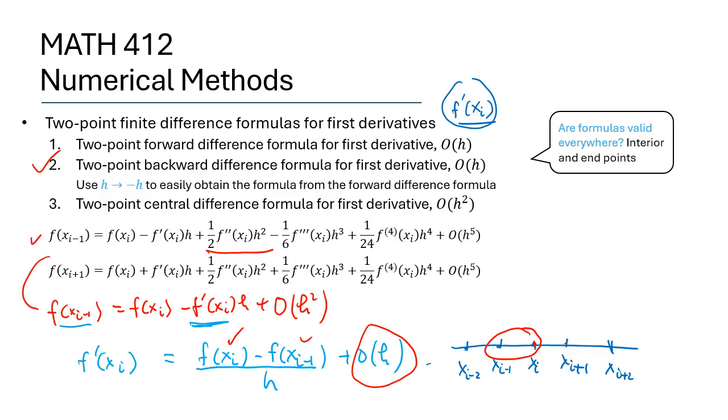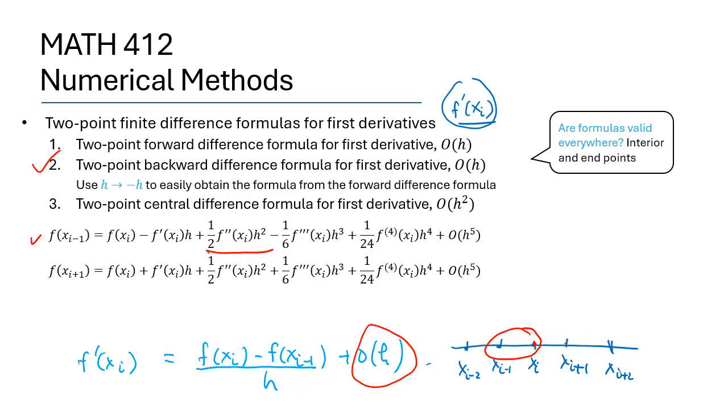Interesting, right? Actually, this formula can be obtained another way. The 2-point forward formula we started with is f prime xi equals f of xi plus 1 minus f of xi, divided by h, plus big O of h.